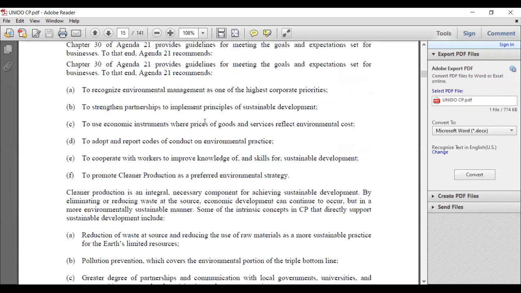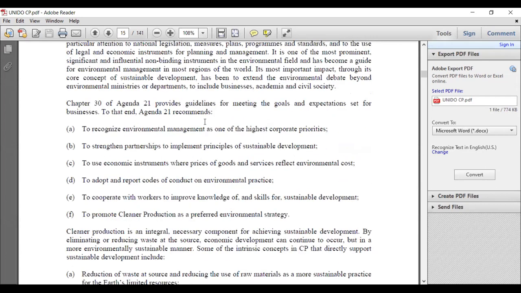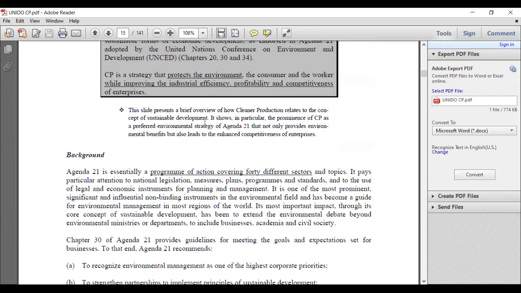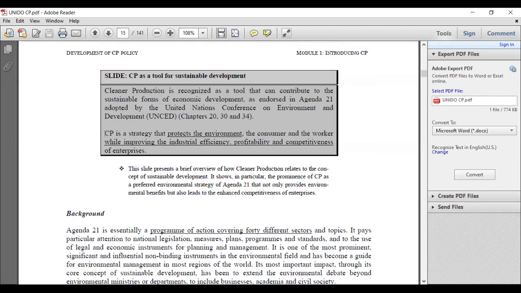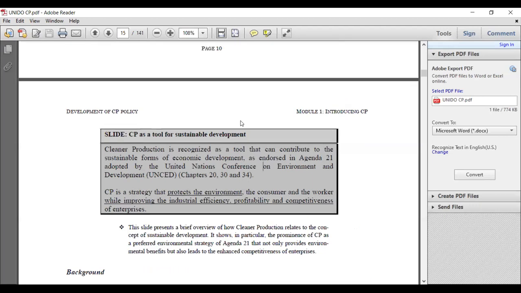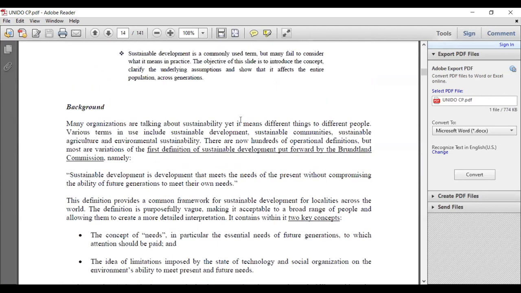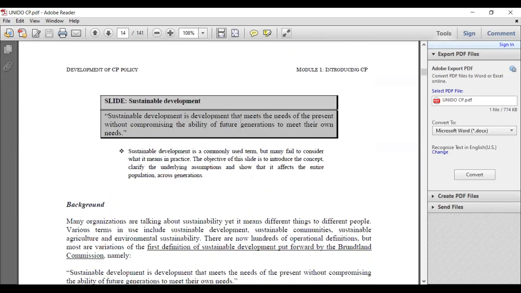Here you can see the definitions as well. So many ideas and opinions. See, sustainable development is development that meets the needs of the present without compromising the ability of future generations. That is the UNEP definition.